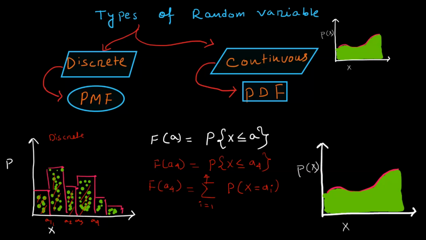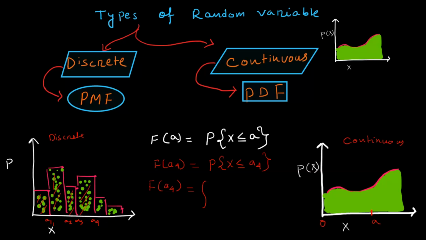Right? Similarly, in case of this continuous random variable, how am I going to find probability of a4? Suppose I have a4 here. In that case this summation will not work because summation gives the sum in the discrete case. In continuous case we have to do integration.